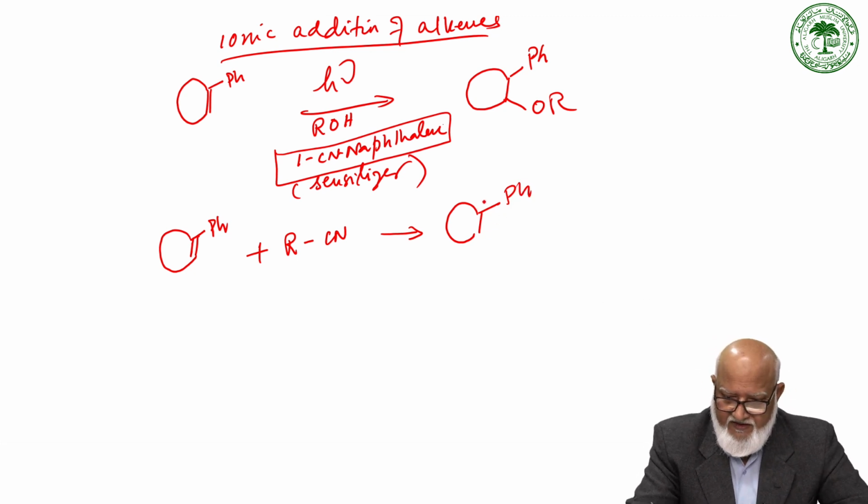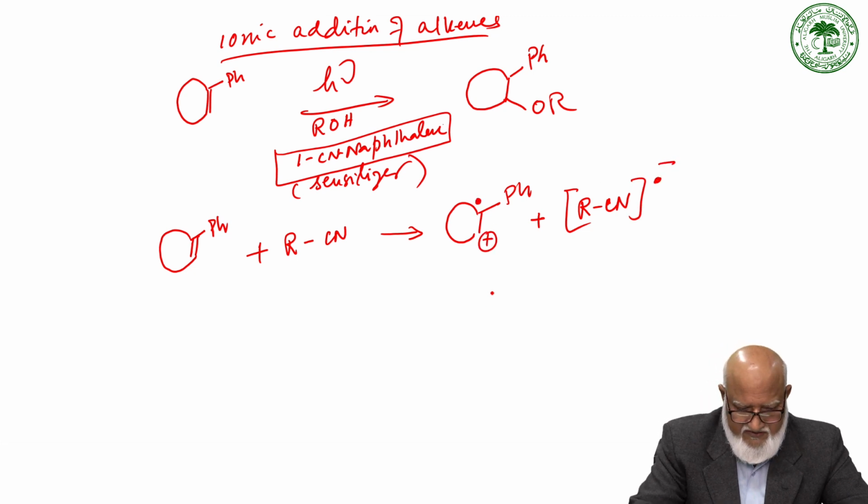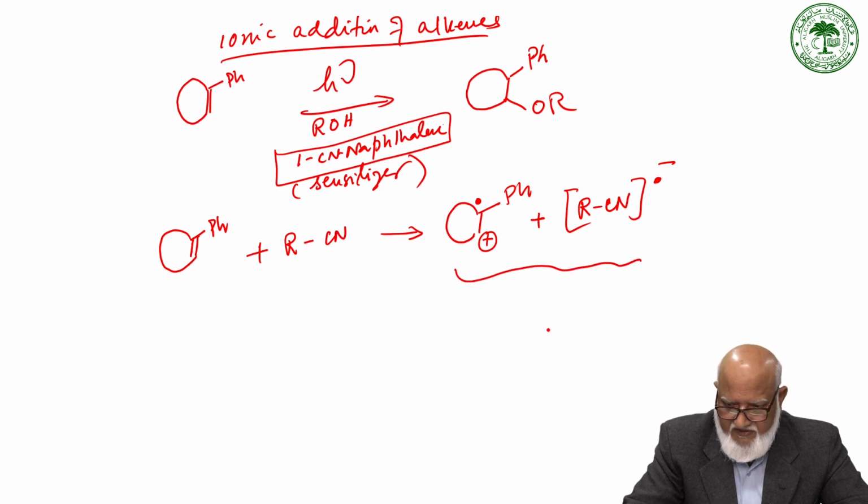The alkene is an electron donor, and cyanonaphthalene is an electron acceptor. So we have a radical anion here, a radical cation here, the charge pair, radical cation and radical anion, donor and acceptor.